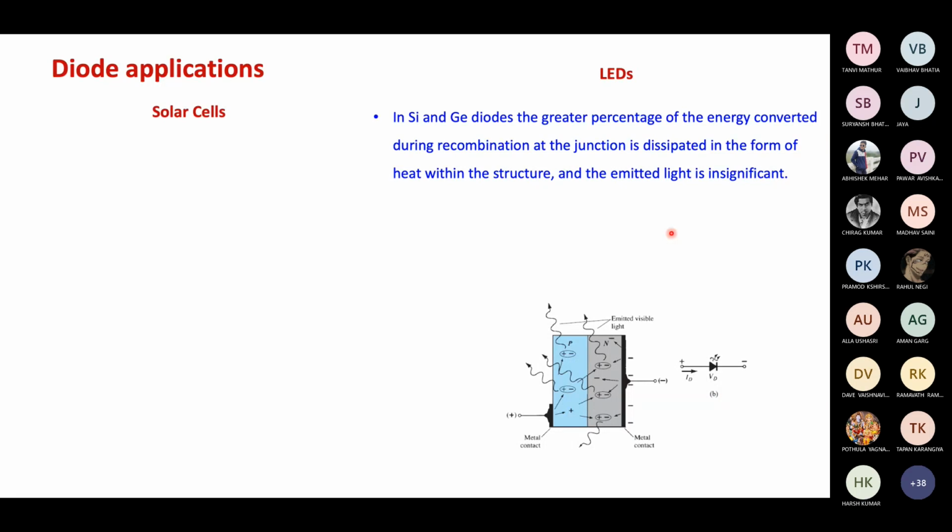So this gallium arsenide material can be, we can have indium gallium arsenide, this composite kind of semiconducting material. And by changing the molar concentration of these materials, like indium and gallium, we can tweak the band gap of the semiconductor, and then we can change the color according to that.